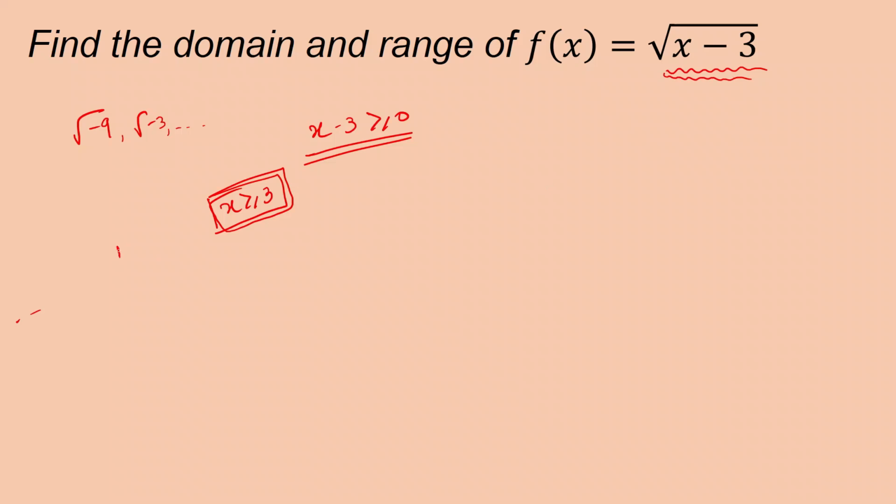So the domain is x greater than or equal to 3. In interval form, you will have to write it like this. If you don't know about intervals, look into my previous videos.